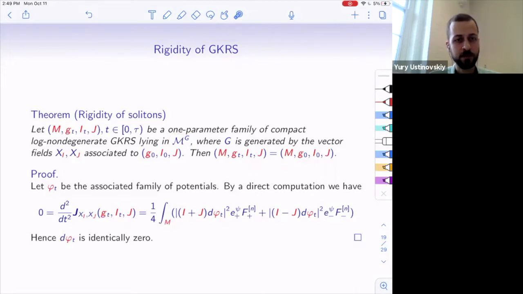So this family has to be constant, and this follows immediately from the second variation of the functional. Again, assuming that you have solitons along your path. Any questions so far? Fine.